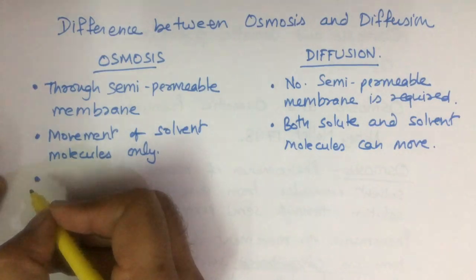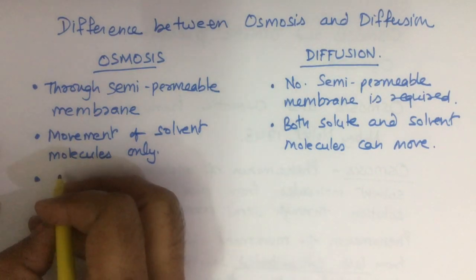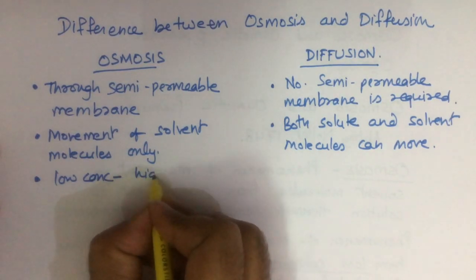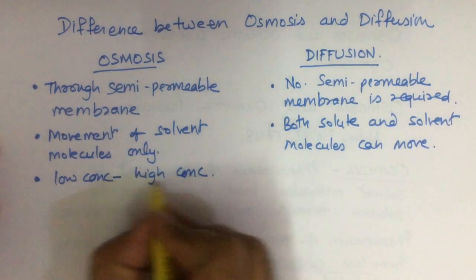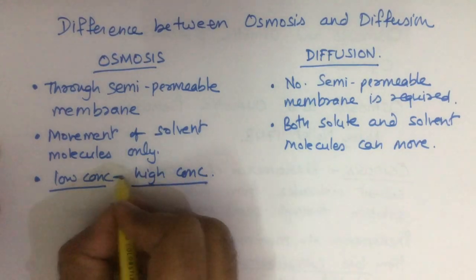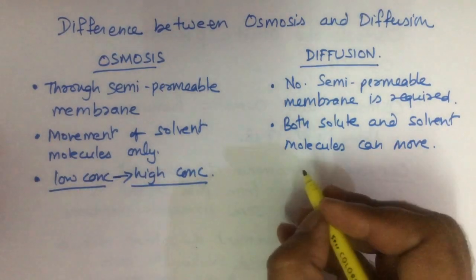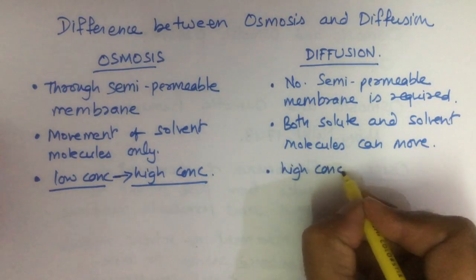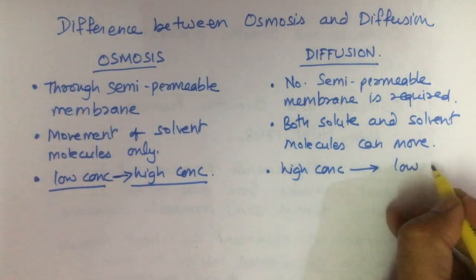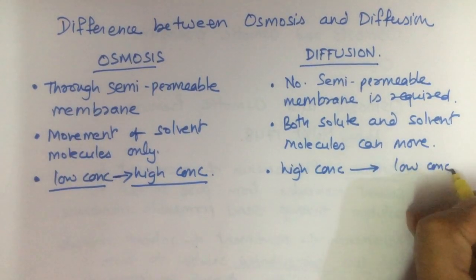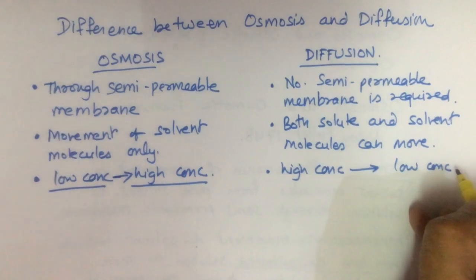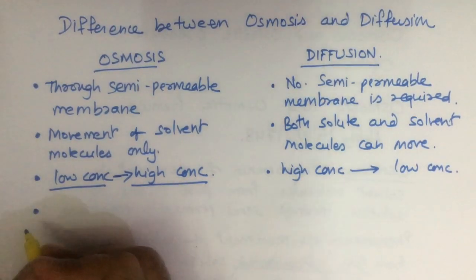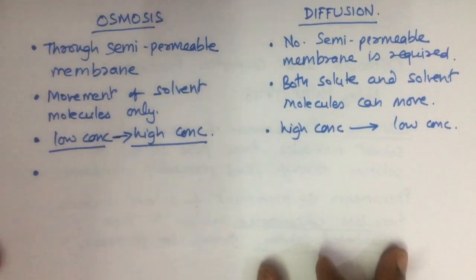Third point: in osmosis the movement is from low solute concentration to high solute concentration. In diffusion, the movement is from high solute concentration to low solute concentration.